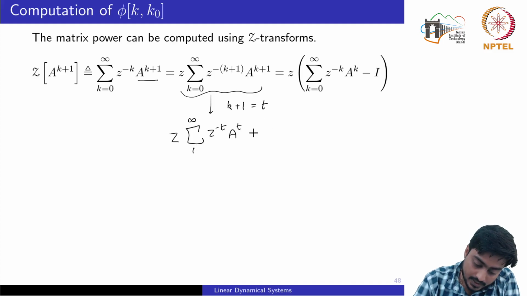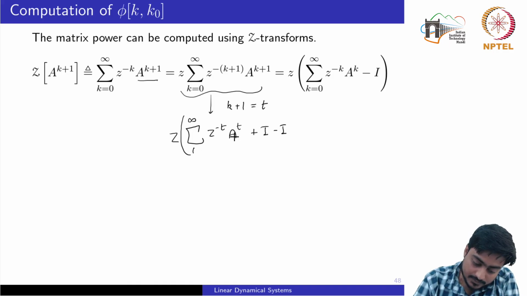Now here I need to include k is equal to 0. Let's say the value of this summation at t is equal to 0. The value of this at t is equal to 0 would be what? Identity. So I add plus I and subtract I, the identity matrix of appropriate dimension.